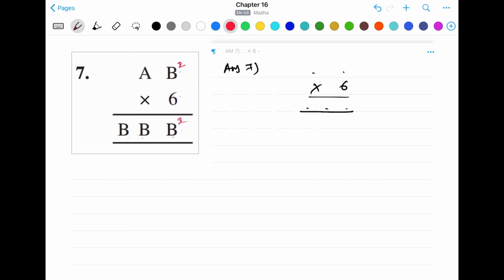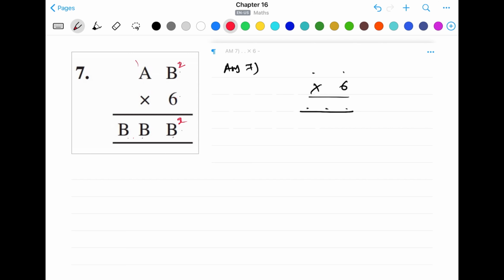So if we take B as 2, 6 into 2 will be 12, so we'll get 2 here, carry will be 1. So now we have to assume this A to be a number which when multiplied by 6 plus 1 will give us a number here. So if A is 1, 6 into 1 is 6 plus 1 is 7, so we are getting only a one digit number, so that's not possible.